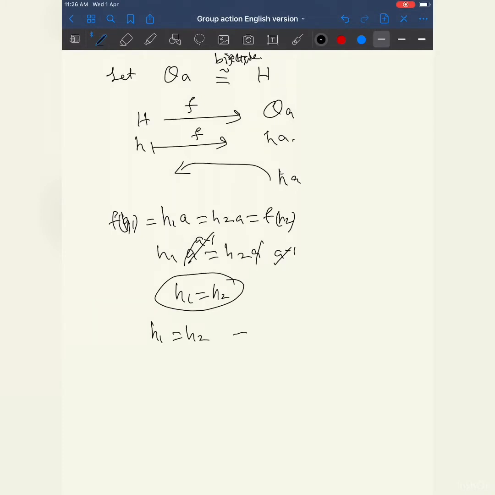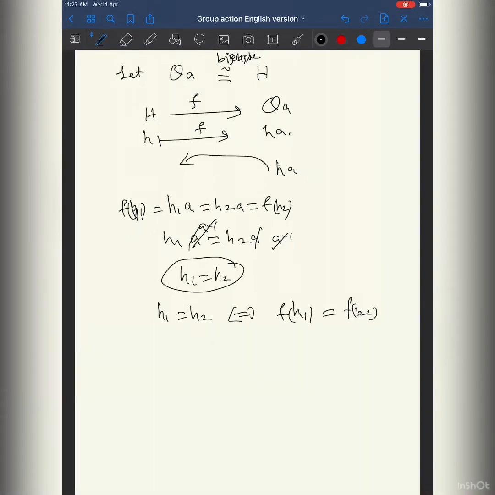So f(h1) equals f(h2) if and only if h1 equals h2. Combined with well-definedness, this is true. So it is one-to-one and onto.